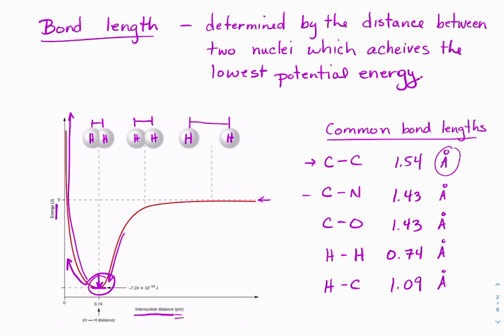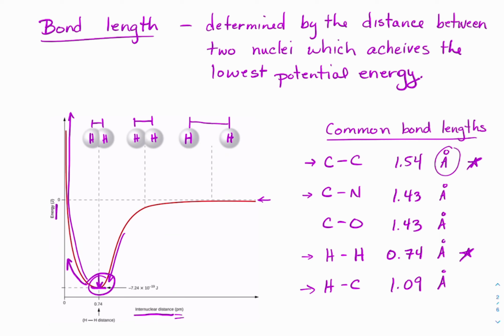Carbon-nitrogen, 1.43. Carbon-oxygen, the same distance. Hydrogen-hydrogen, which we've already seen as 0.74, and then carbon-hydrogen as 1.09 angstroms. Of the single covalent bonds you see in this group, the one with the longest distance between the two atoms is carbon-carbon, and the one with the shortest distance is hydrogen-hydrogen.